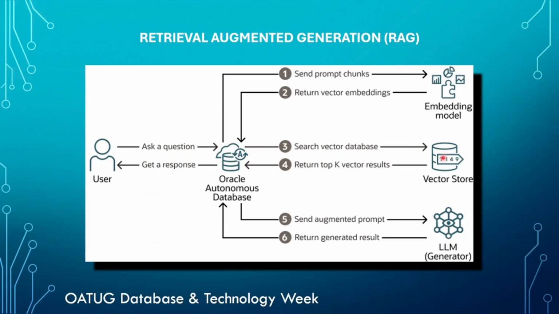Even the vector store can be stored outside or inside. But the thing is, now everything is combined into the database. So we also loaded the LLMs into the database, and we also have the vector stored in the database. We didn't even go out to fetch anything. So everything is contained in the database, which made our query more efficient. Hope that answered the question.